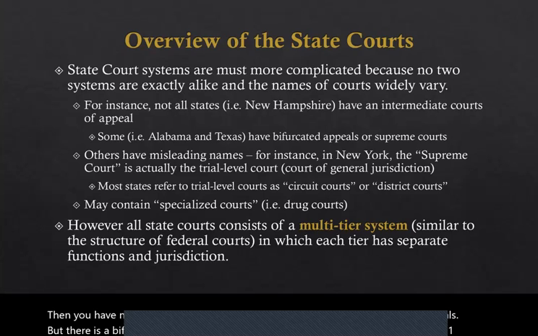Missouri has circuit courts, district courts, so general jurisdiction, limited jurisdiction, then the Missouri Court of Appeals, appellate jurisdiction, and then the Missouri Supreme Court, appellate jurisdiction as well, right? And the Supreme Court is the highest court in Missouri, unless there's a federal issue, and in that case you can appeal to the Supreme Court of the United States.